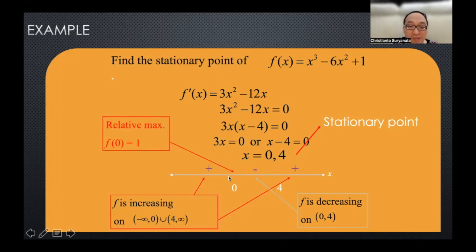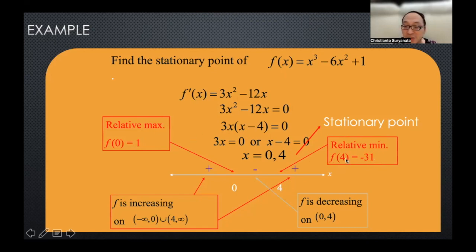And from here, we can find, if we replace the value, for example f(0), if we replace the stationary point in the original function, we will get it equals 1. And then if we replace x equals 4 in the function f(x), we will get it equals negative 31.